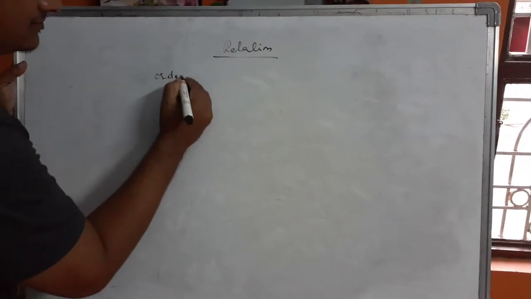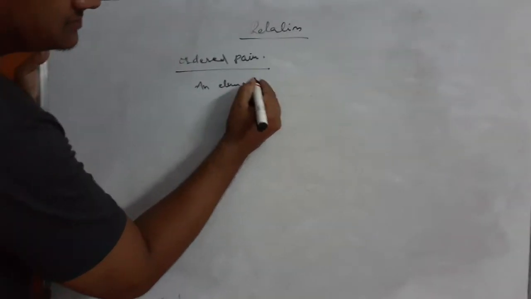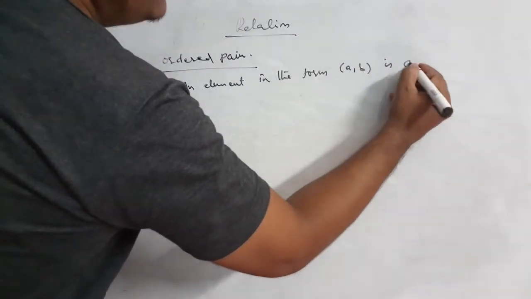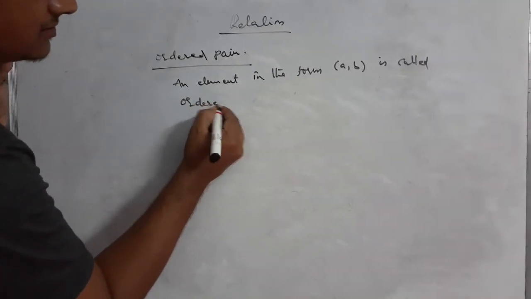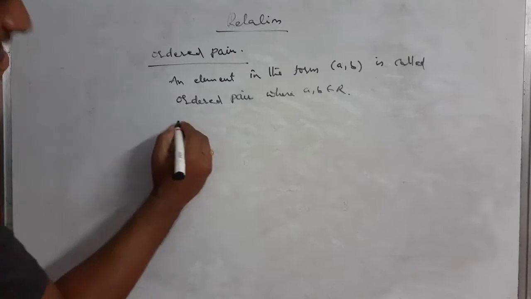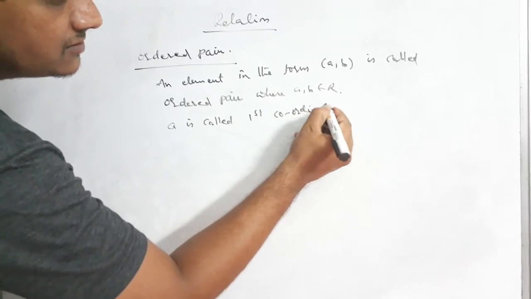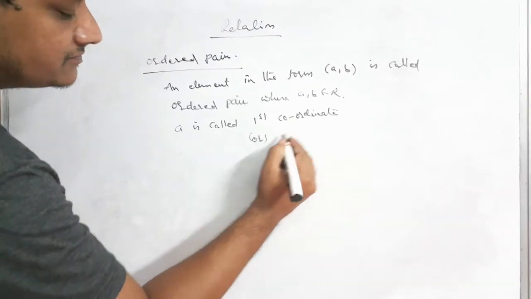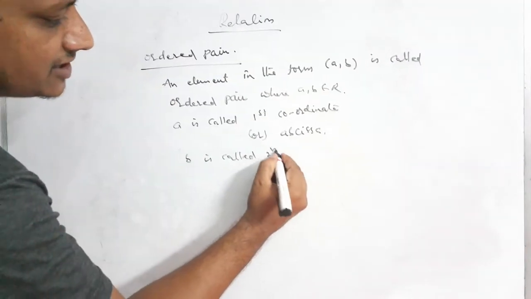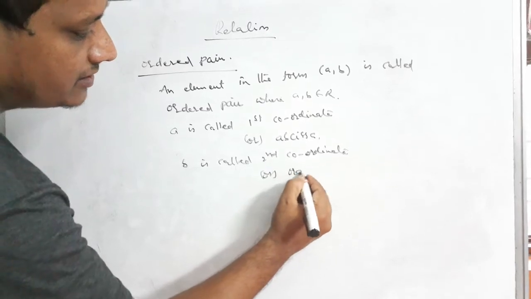Next, ordered pair. An element in the form (a, b) is called an ordered pair, where a, b belong to R. a is called the first coordinate, or abscissa. b is called the second coordinate, or ordinate.